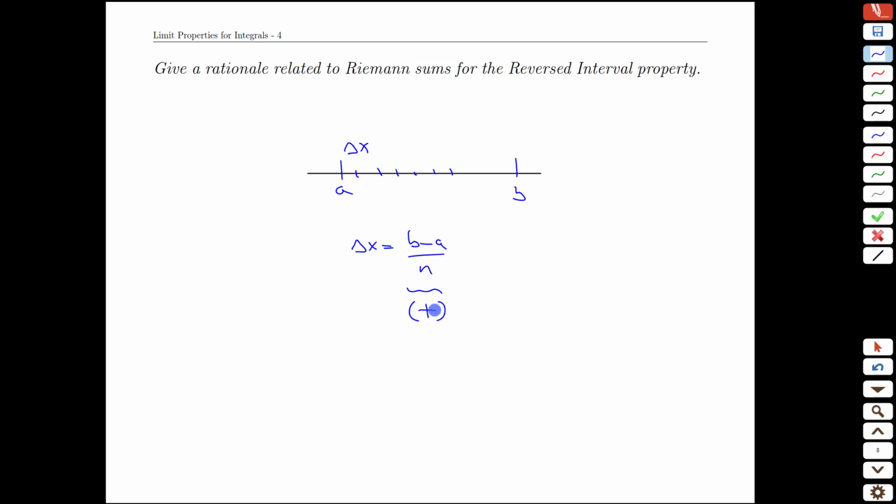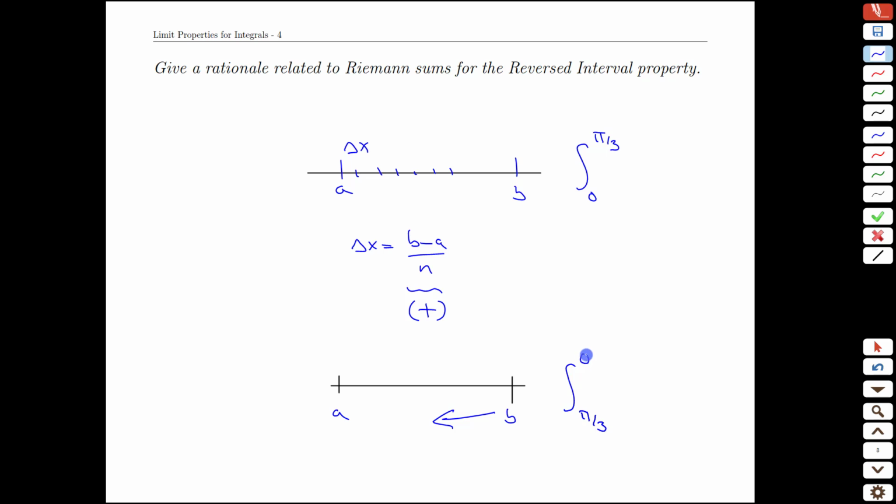But if I want to integrate from b back down to a, which is what we're exposed to now, so comparing and contrasting here, that was like the integral from 0 to pi over 3. If we go from pi over 3 to 0, that's going somehow backwards. And so our delta x here is a negative quantity.